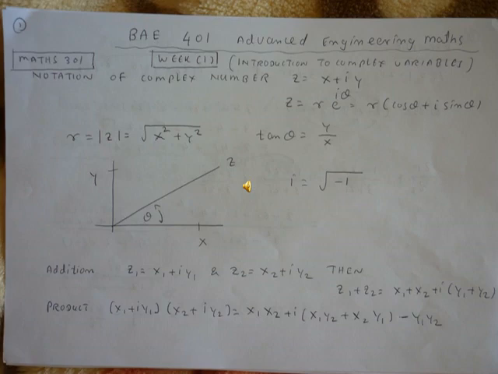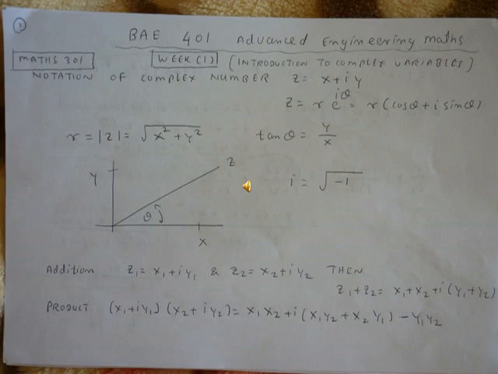So for the addition, z1 is x1 plus iy1, and z2 is x2 plus iy2. So in this case, we can add z1 plus z2 equal to x1 plus x2 plus i(y1 plus y2).